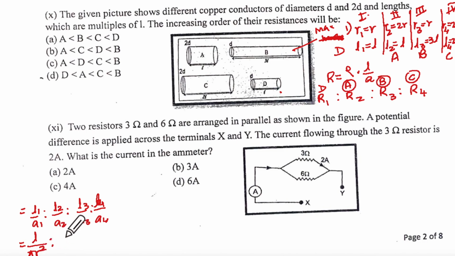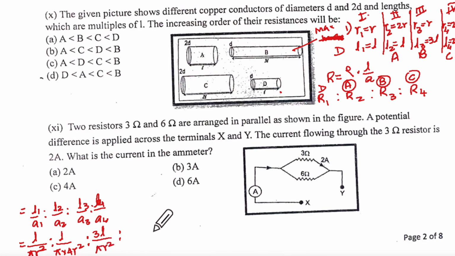Okay, L2 is L and R2 is 2R. So pi into 4R squared. Okay, then L3, sorry, L3 is how much? 3L, and area of cross section will be pi R square.